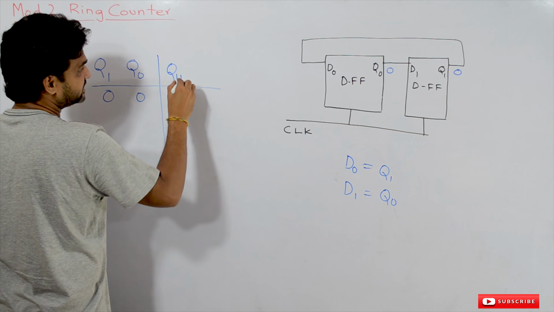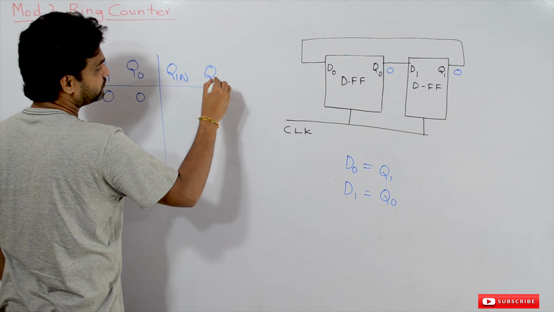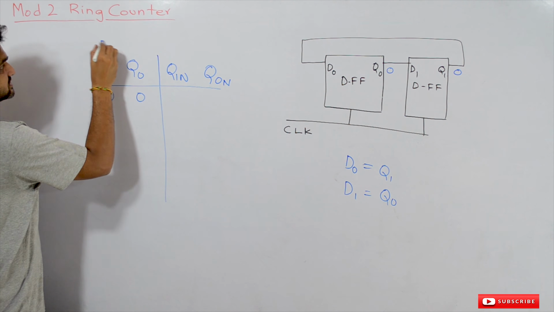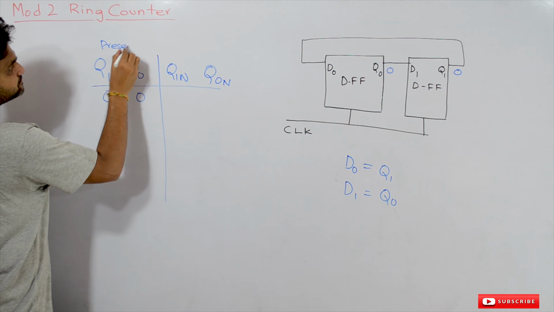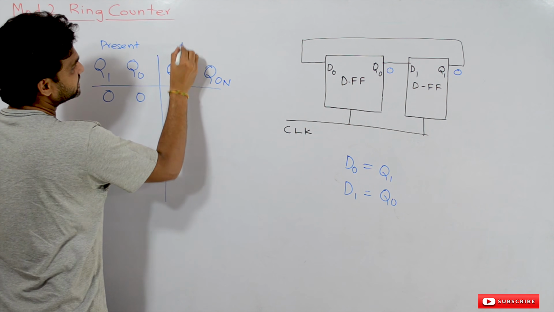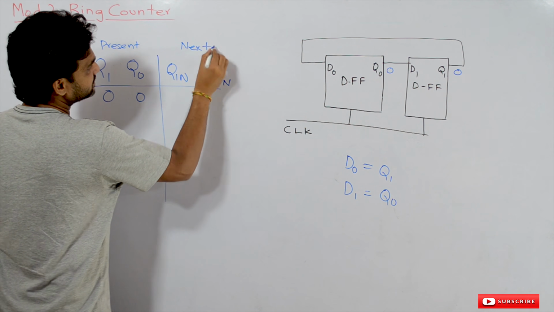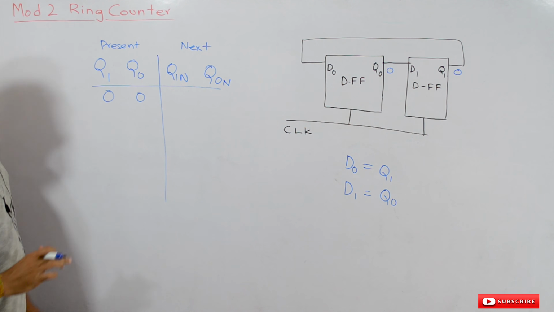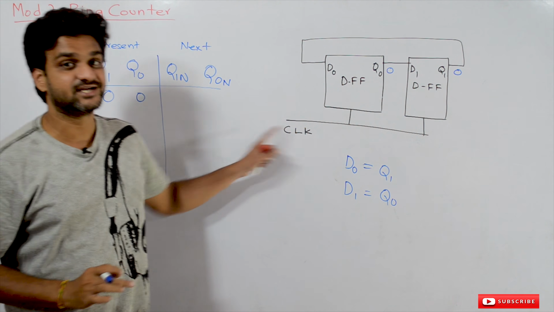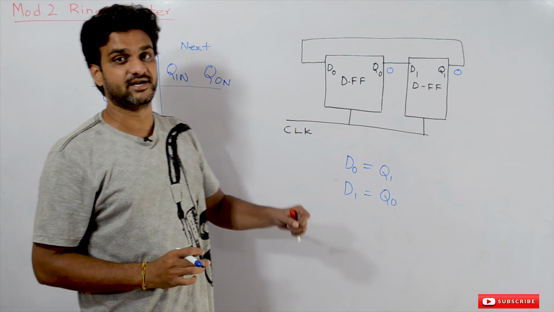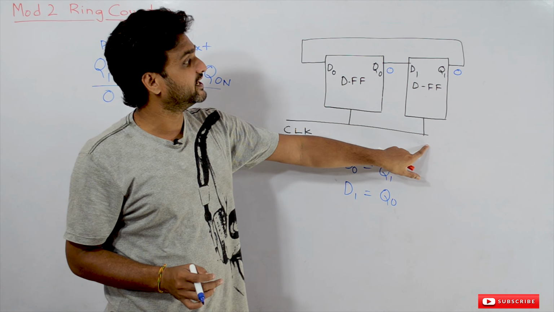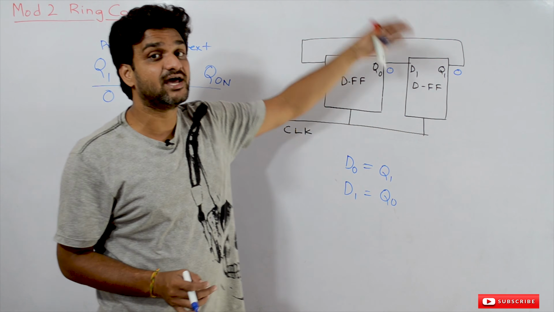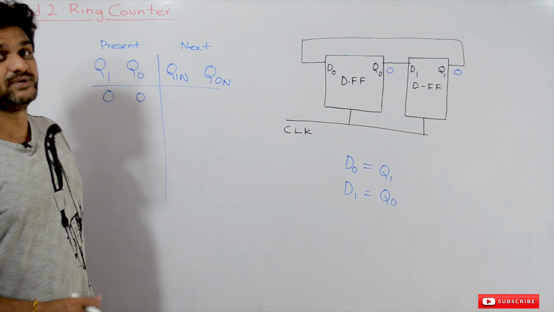In order to get the next state, Q1n and Q0n mean the next state, and this is the present state. With these values at Q0 and Q1 in the present state, whenever the clock is provided, and this clock will be continuously provided, what are the next state values going to be?